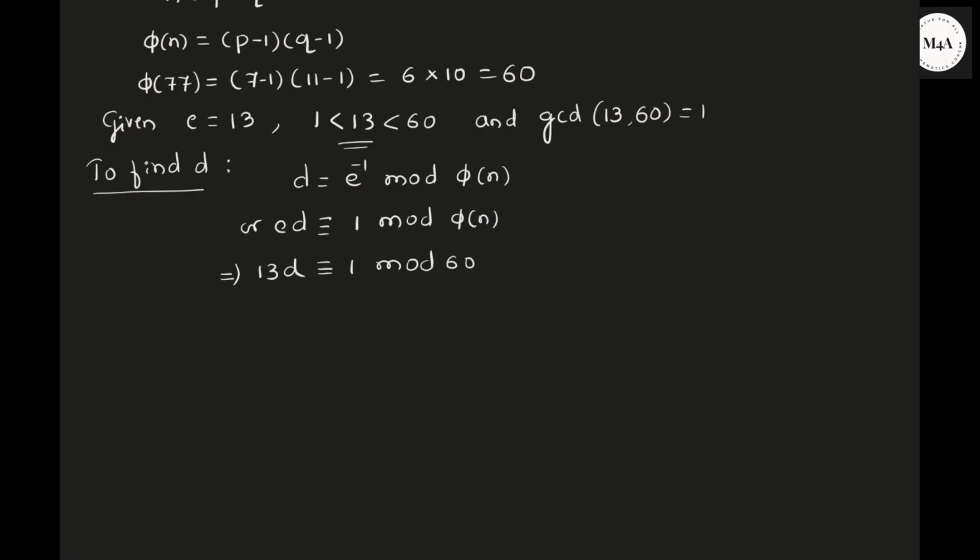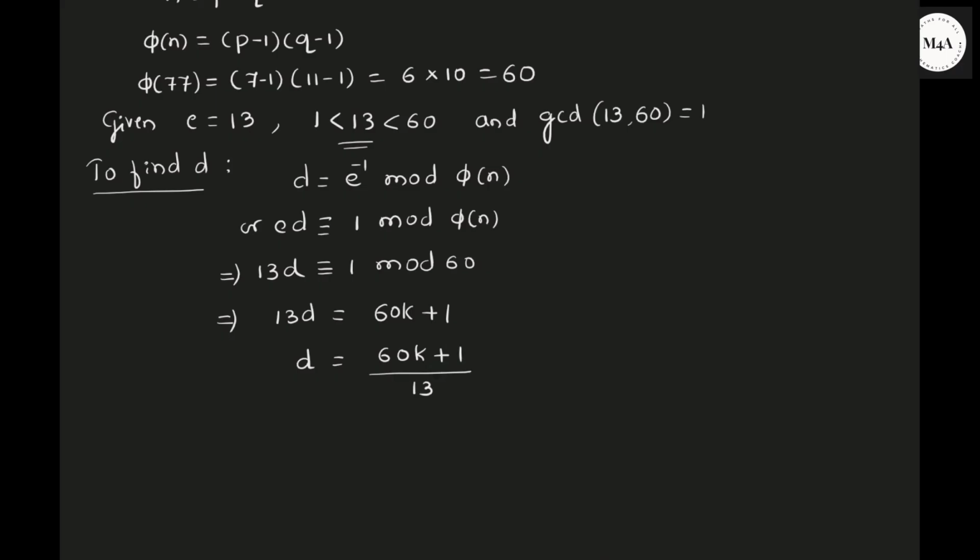Or else, it is a bit difficult to find by inspection method. In such a case, what do we need to do? Already I have explained this. This can be written as 13D is equal to 60K plus 1, or D can be written as 60K plus 1 divided by 13.